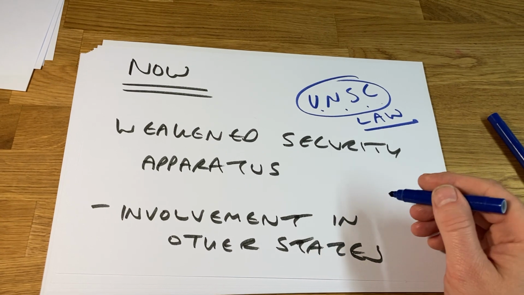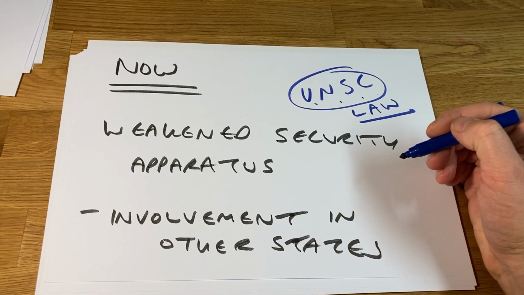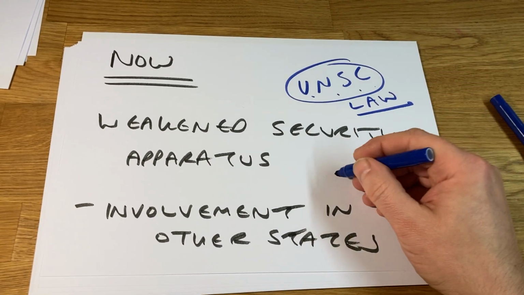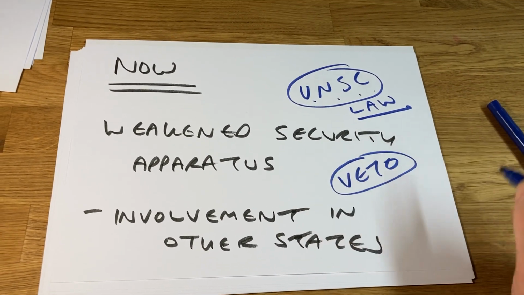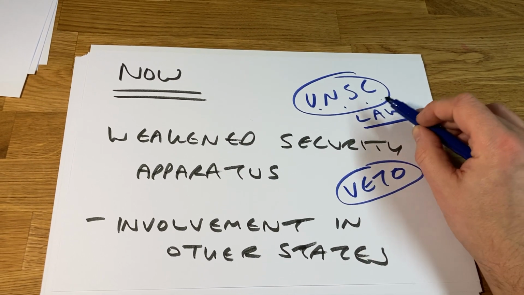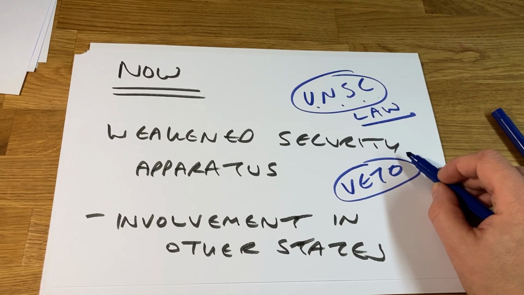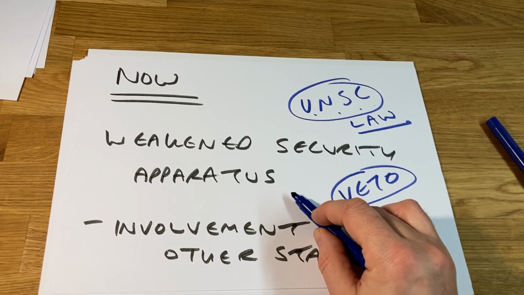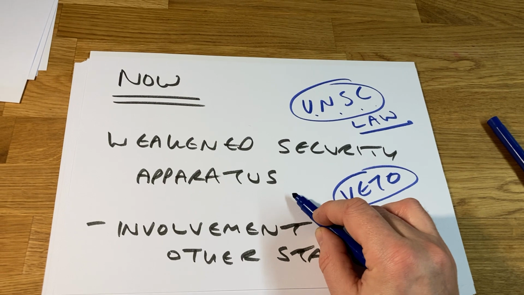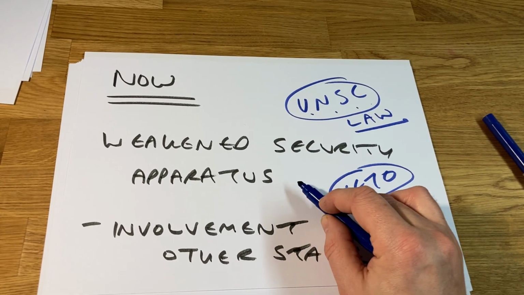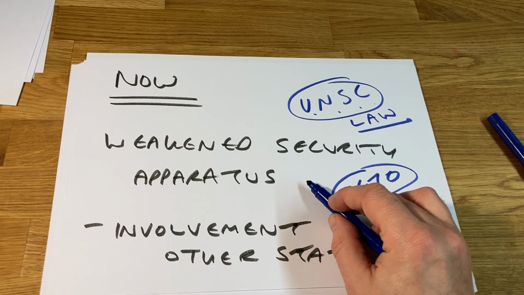The difficulty is that when the decision or the determination actually involves states with a veto power, the permanent Security Council members, there is no way of making that decision. America, Britain, France, permanent Security Council members state that Russia has committed a crime of aggression in invading Ukraine.